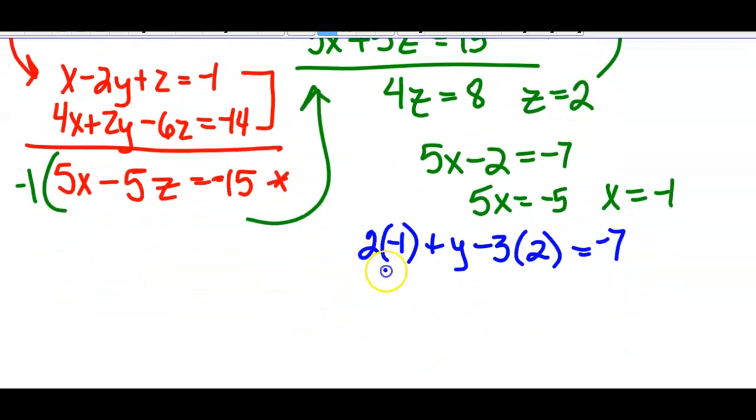So to get rid of this, I'd need to add 2 to both sides. To get rid of this, I'd need to add 6 to both sides. So I could have simplified, certainly. I get y equals 1.